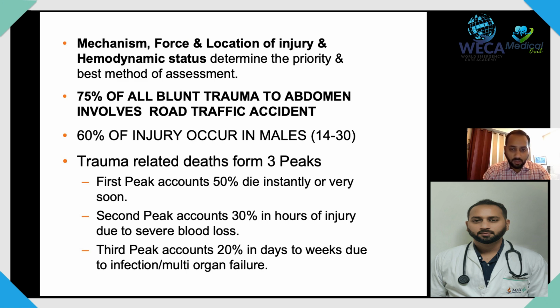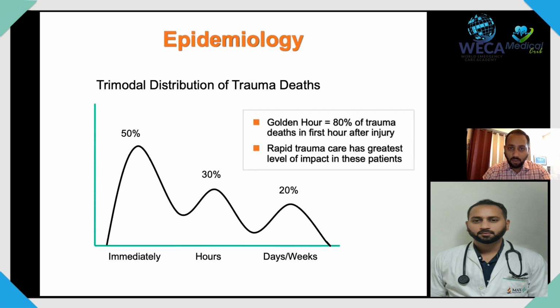Here we can see the trimodal distribution. There is a golden hour here. In the first hour, usually 50% of the victims die almost instantly or within a few minutes. Another 30% may die due to shock in the first few hours.